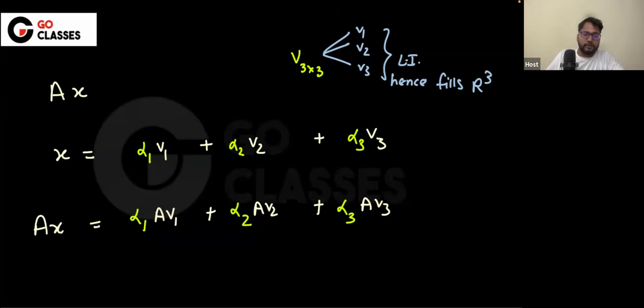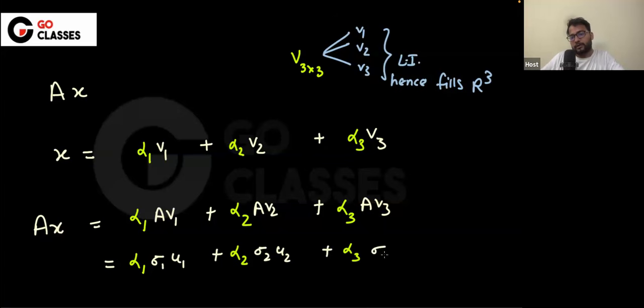So if I just keep this alpha 1 as it is, then this is sigma 1 u1 plus sigma 2 u2 plus sigma 3 u3.